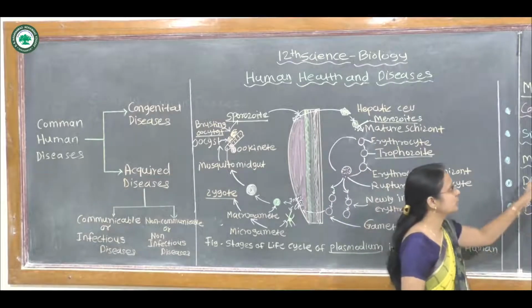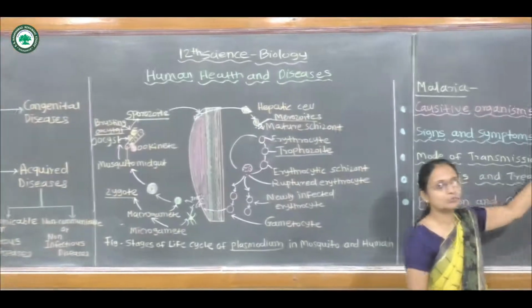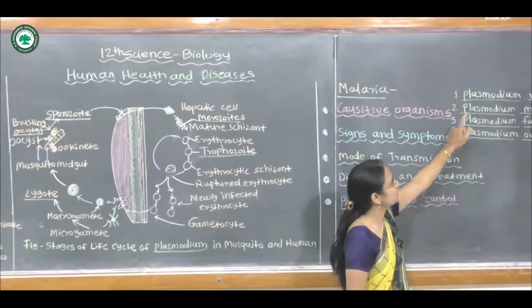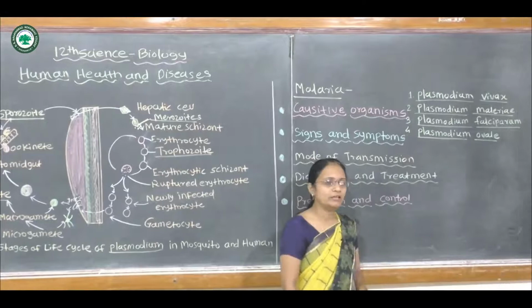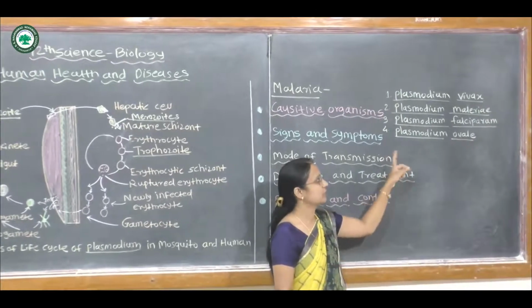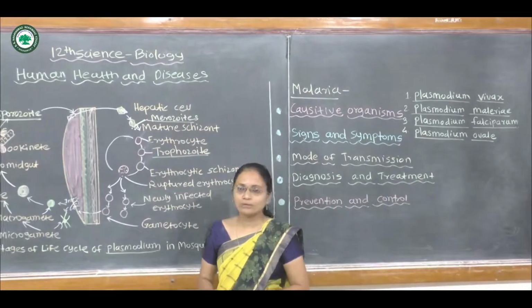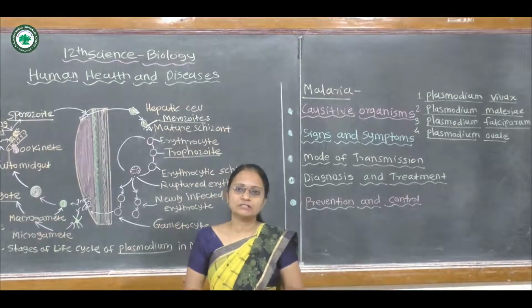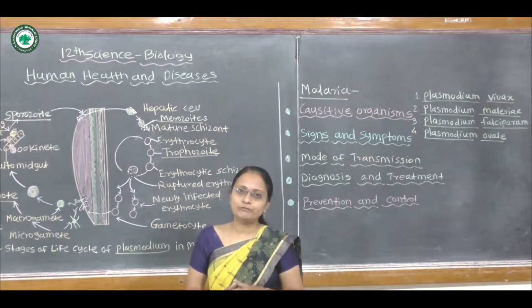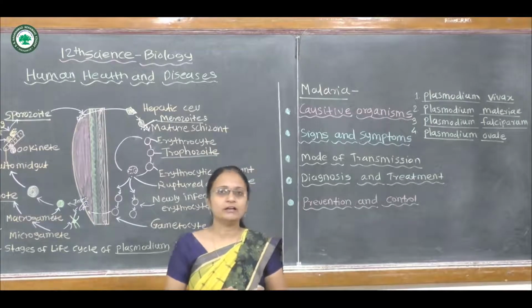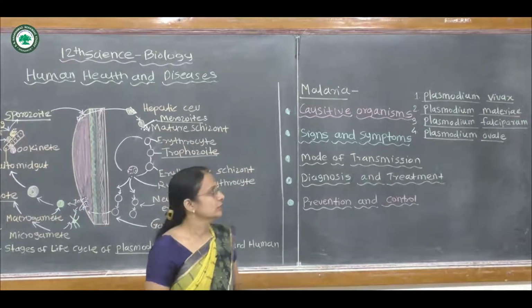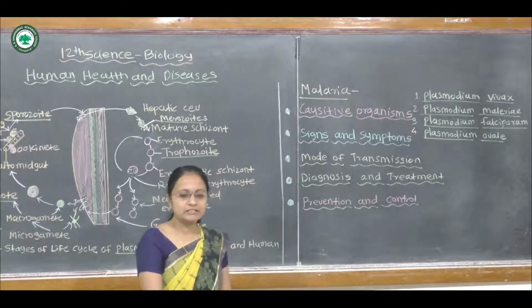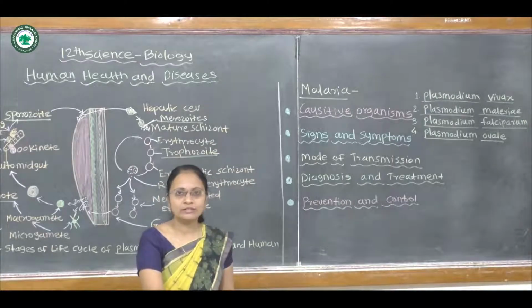The common species of Plasmodium are Plasmodium vivax, Plasmodium malariae, Plasmodium falciparum, and Plasmodium ovale. These are the four common species mostly found to cause malaria in the human body. Plasmodium vivax has an incubation period of 14 days.